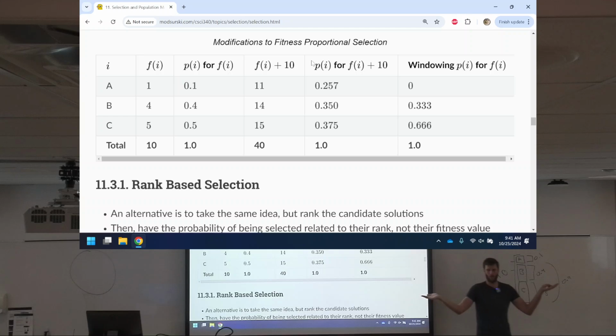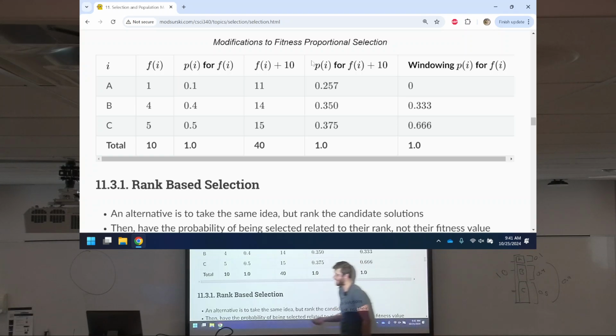So there is some control with that. But to me personally, I find this strategy as a mechanism of controlling selection pressure a little less intuitive than tournament selection's K. But if you like this, by all means, more power to you.